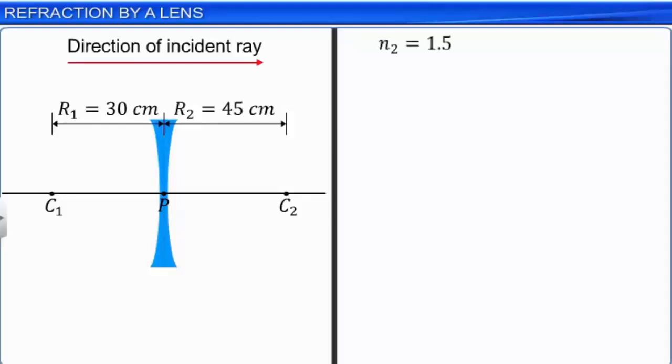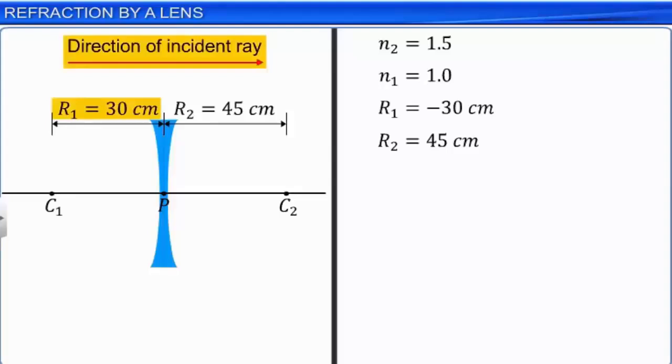Note that since R1 is measured in the direction opposite to that of the incident ray, it is taken with a negative sign. Substituting these values in the lens maker's formula, and on further simplification, we get F is equal to minus 36 cm.